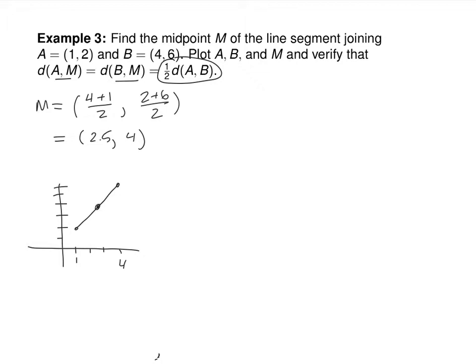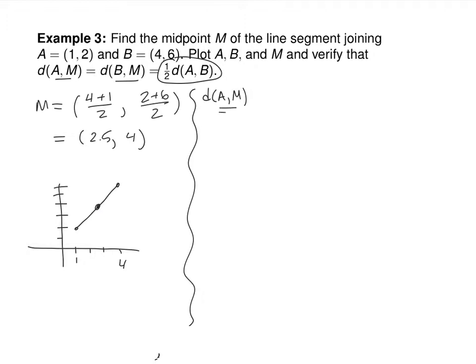Does that appear to be in the middle? Okay. But how we're going to actually verify it is we're going to find the distance from A to M, and then the distance from B to M, and show that they're equal, and that half of the distance between A and B is this number.